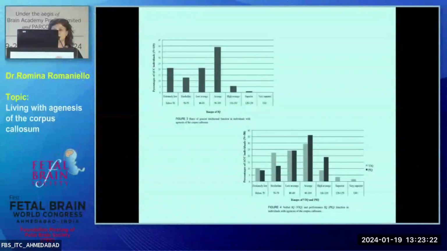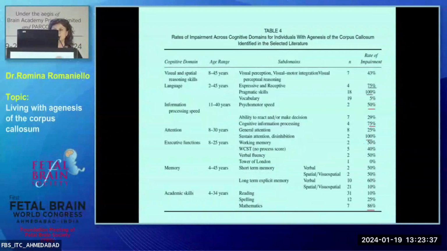This is the distribution of the IQ ranging from extremely low to very superior, also divided into verbal IQ and performance IQ. And we can see that a rate of impairment is present.